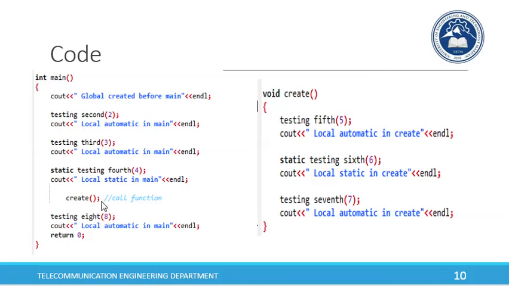Then here we have called the function create, and then the eighth object, and then the last statement of main, return 0. And then this is the function. In this function we have created the 5th, 6th and 7th objects.